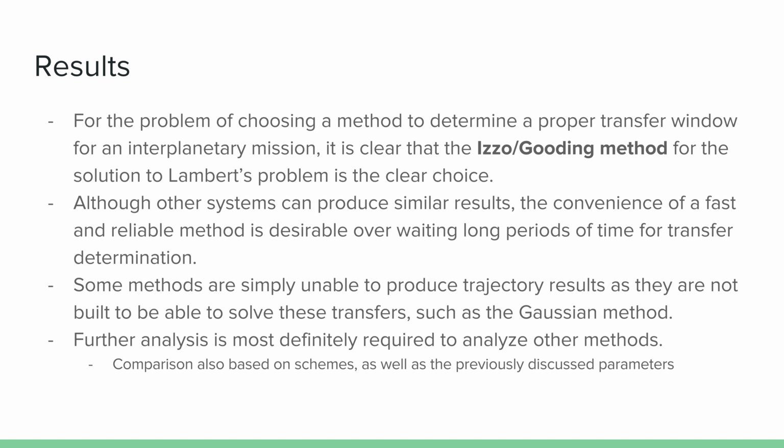But in this case, it's pretty clear that Izzo-Gooding is the best for interplanetary trajectories. Overall, however, it's extremely clear that the effect of the solution method chosen necessitates a wise choice in the matter. So you don't want to choose a Lambert solution willy-nilly. You would probably want to choose one that's optimized for the kind of problem that you're looking at.